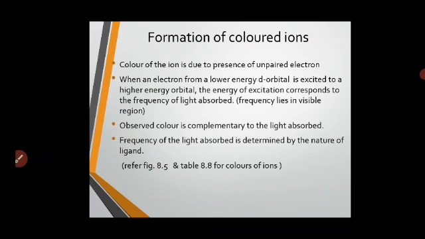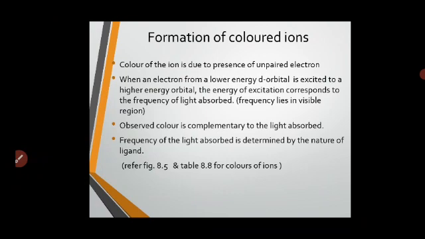Now, one more special property which is shown by these d block elements, for example copper is reddish in color, gold is golden yellow, whereas silver is shining white. Iron is black in color but shining. So all these elements of the d block show color properties except a few, for example scandium or zinc.